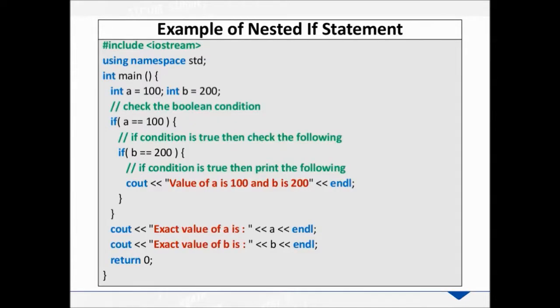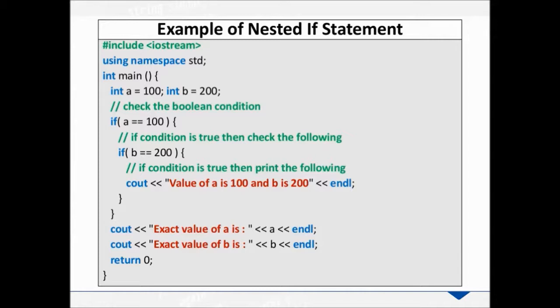For example of a nested if statement, in the main program we write a is equal to 100 and b is equal to 200, and we check the condition if a is equal to 100, then it goes into the body and again checks the condition if b is equal to 200. If b is equal to 200 is true, then it shows on the screen value of a is 100 and b is 200.